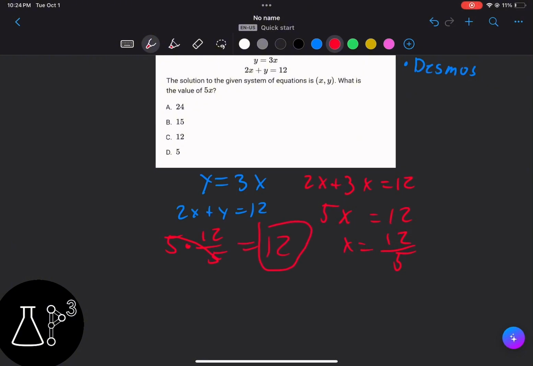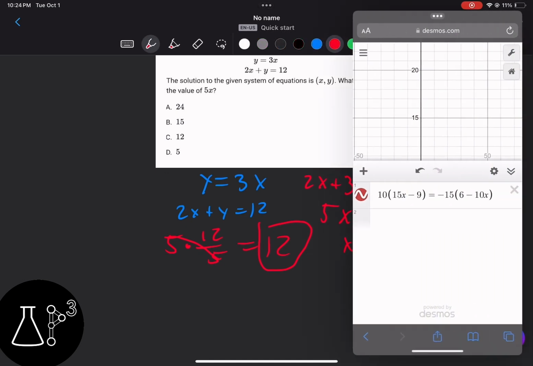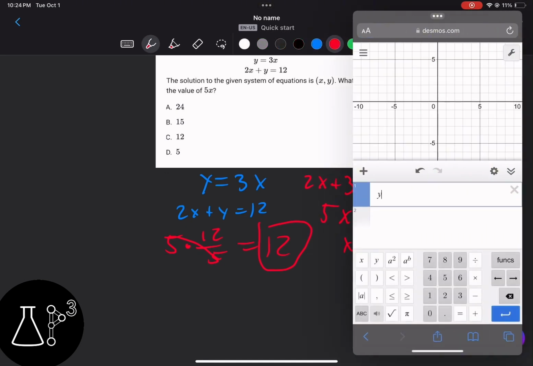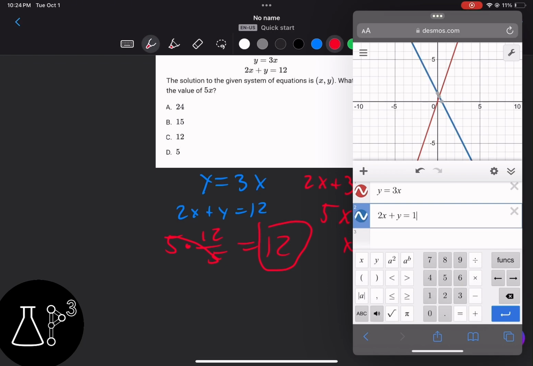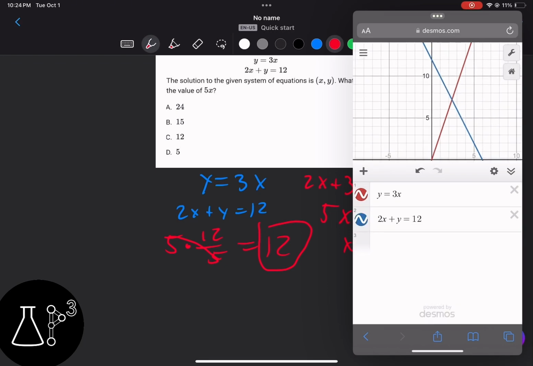But let's plug that into the Desmos calculator. If y equals 3x and 2x plus y equals 12, we see that it intersects at one point when x equals 2.4.